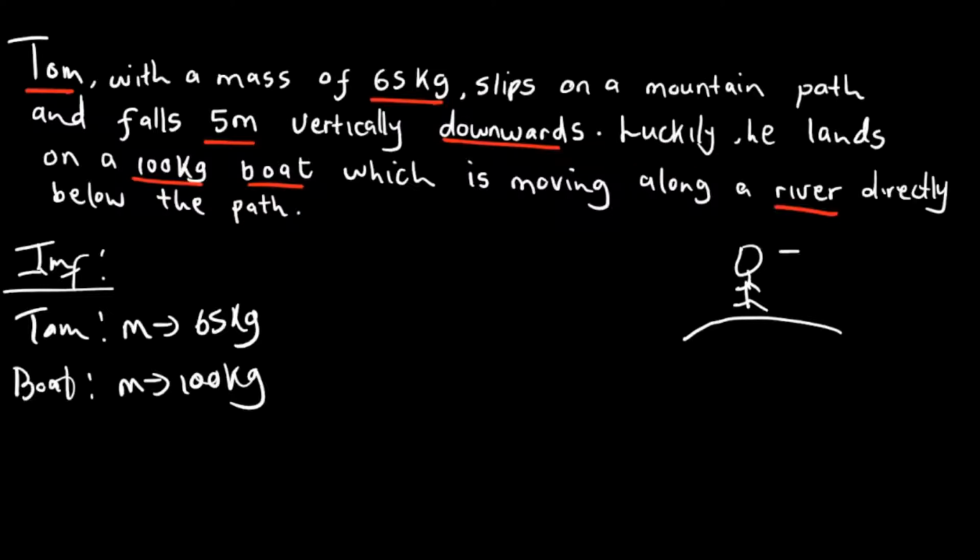And we are told his mass is equal to 65 kilograms. So what you need to note is that his initial velocity is going to be 0 meters per second because he just slips on this mountain path, right? He doesn't jump. So from this point onwards he falls vertically downwards.